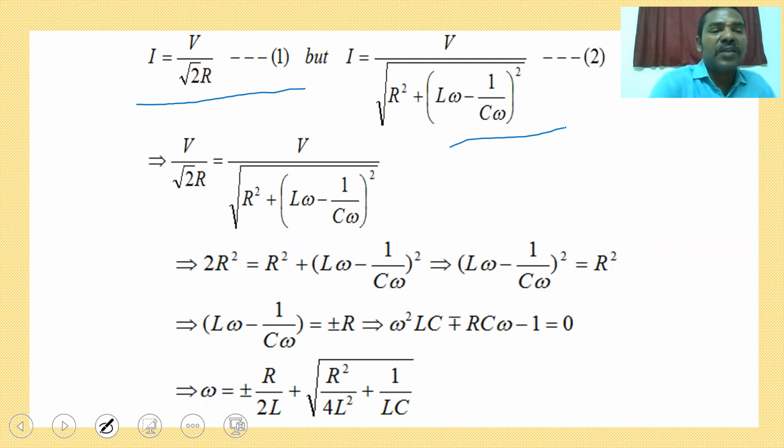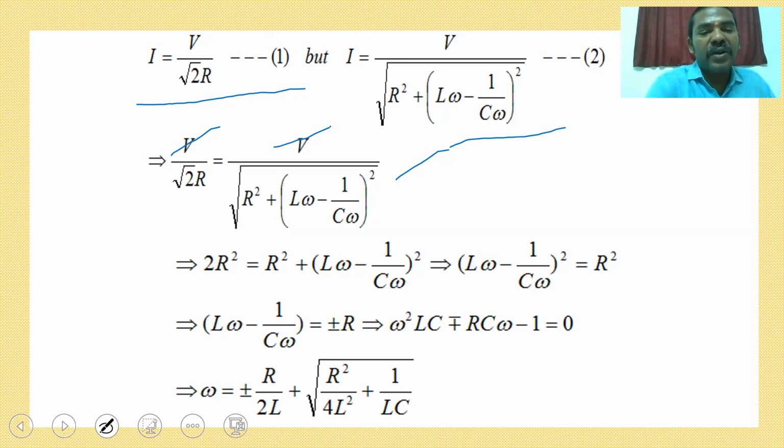Now we are equating the RHS of equation 1 and equation 2. So V by root 2 R is equal to V divided by root of R square plus L omega minus 1 by C omega whole square. Now the V gets cancelled, and you can go for the LHS and RHS simplification.